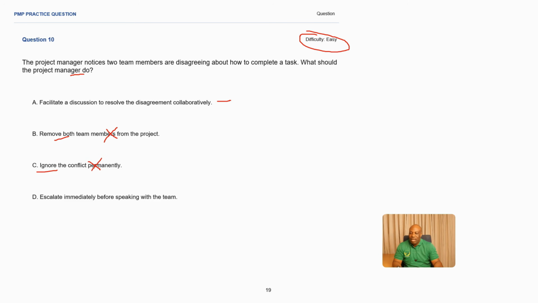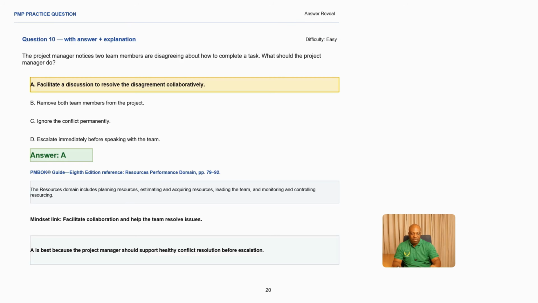Then escalate immediately. You don't escalate until you try to resolve the problem. So A is the best answer in this scenario, and we are talking of resource performance. Our mindset here is to facilitate collaboration and help the team resolve issues. A is the best answer because the project manager should support healthy conflict and resolution.